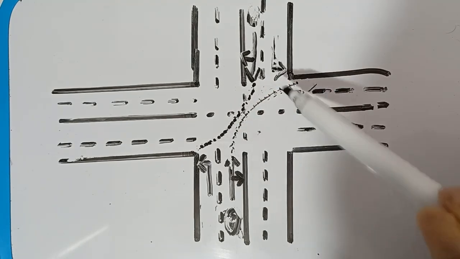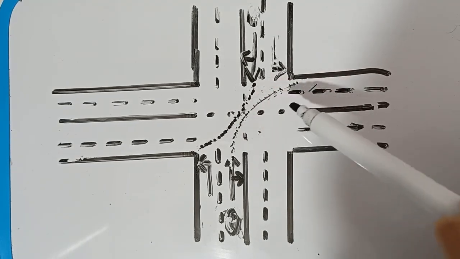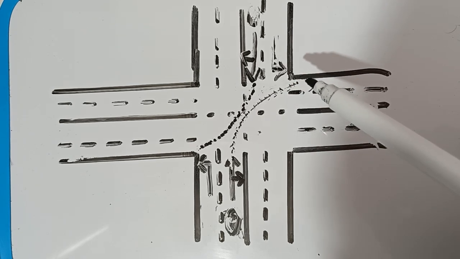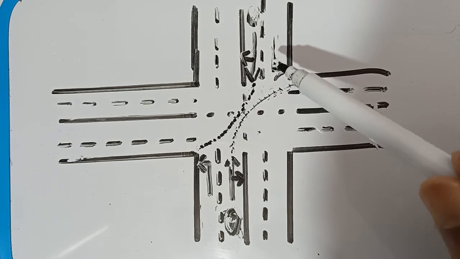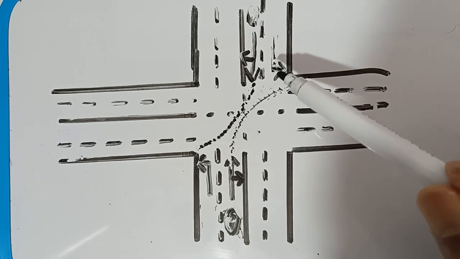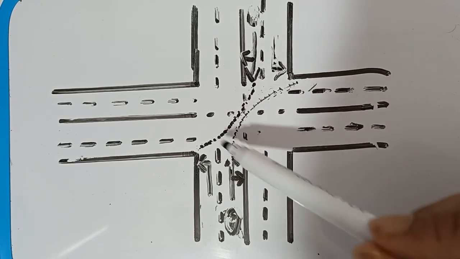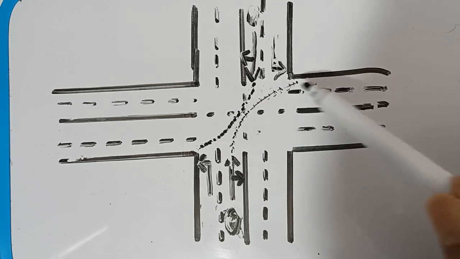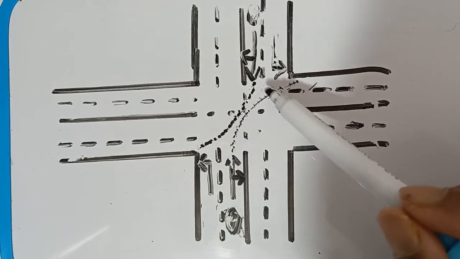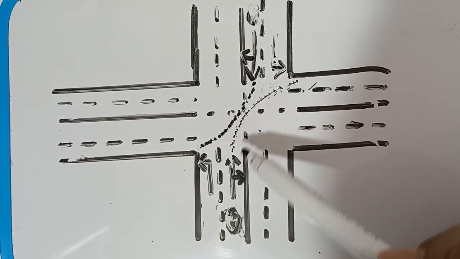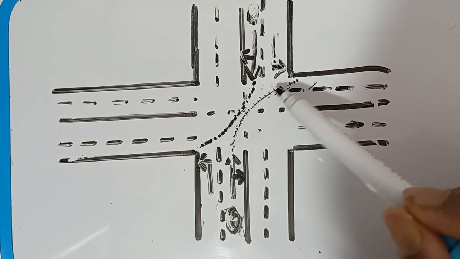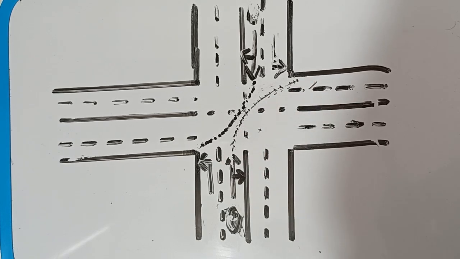In this case, no one has priority, so you both will need mutual understanding before going. This is called near side to near side crossing.